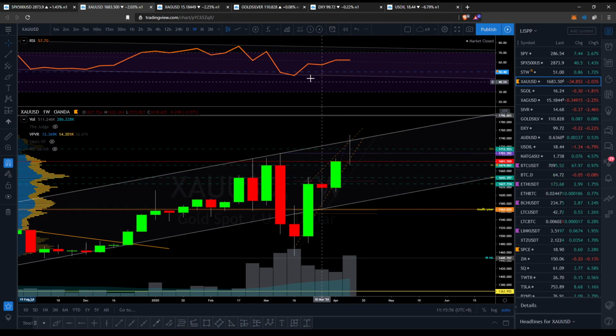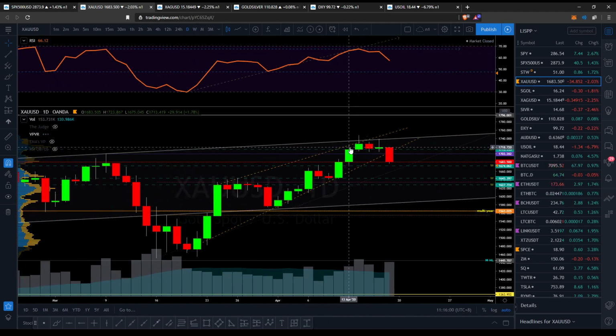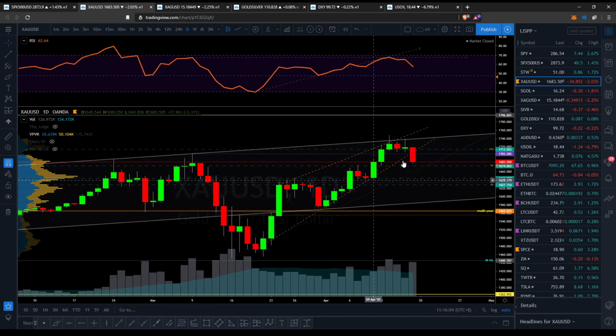Alright, so going back to daily chart, what do we see? We see this rising wedge broke bearish here, and now we're coming down to this trend line, to this horizontal resistance support line, and we'll see how we go.